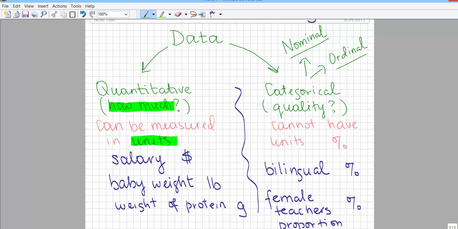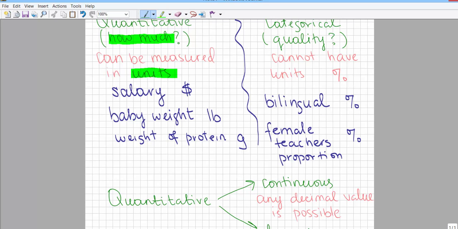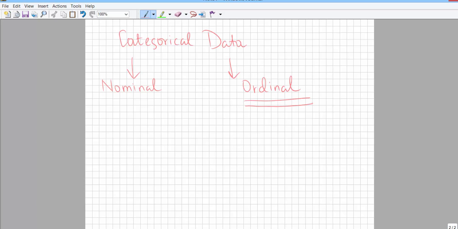So let me give you an example of that one. Let me go to another page. So let's do categorical data. And what would be a good one for nominal and ordinal? Let's see. Ordinal, some sort of natural order.